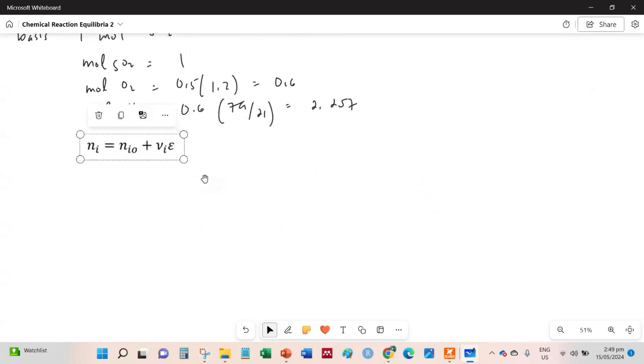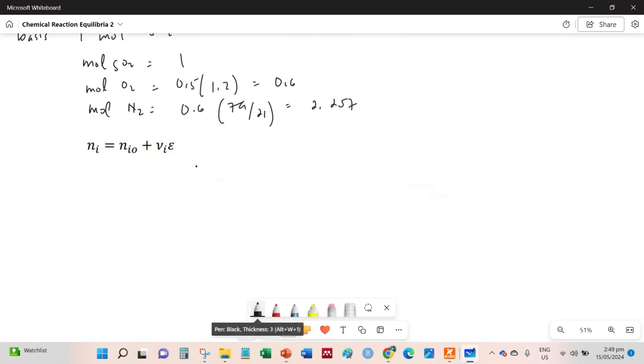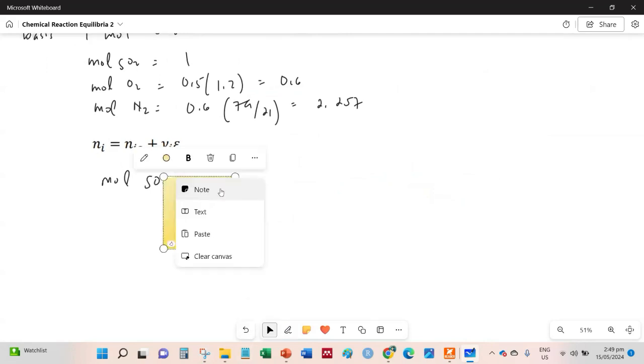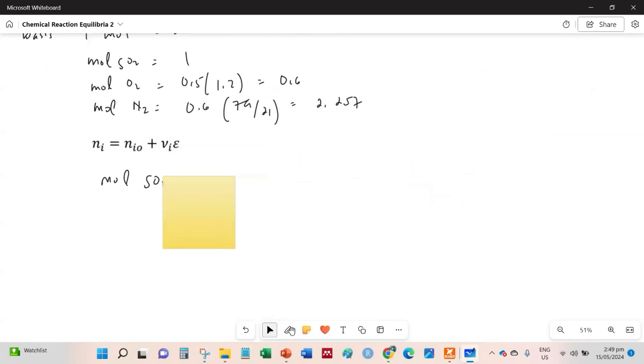For the products, we use this equation. So mole SO2 is equal to the initial number of moles, which is 1, the basis, plus the coefficient of SO2, which is -1, so that's minus, multiplied by the reaction coordinate.